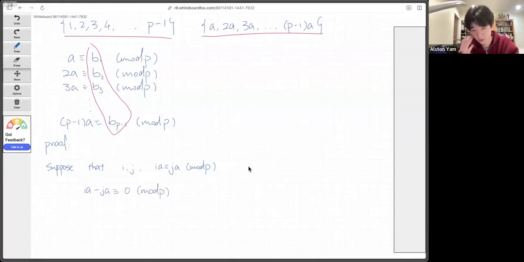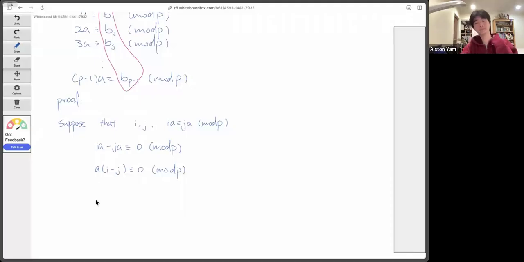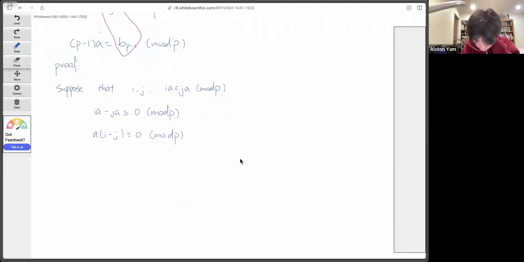That is from our assumption. And we can factor the left-hand side, right? We can factor a out, and we'll have a times i minus j congruent to 0 mod p. Cool, that's what we have here.